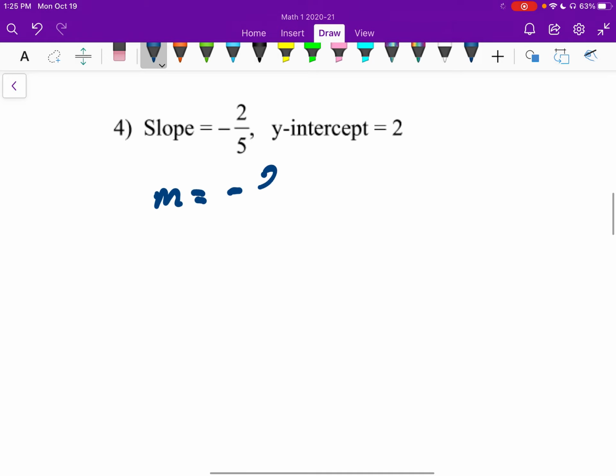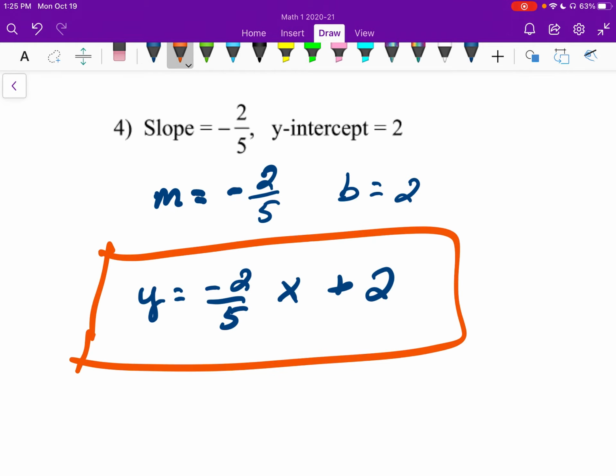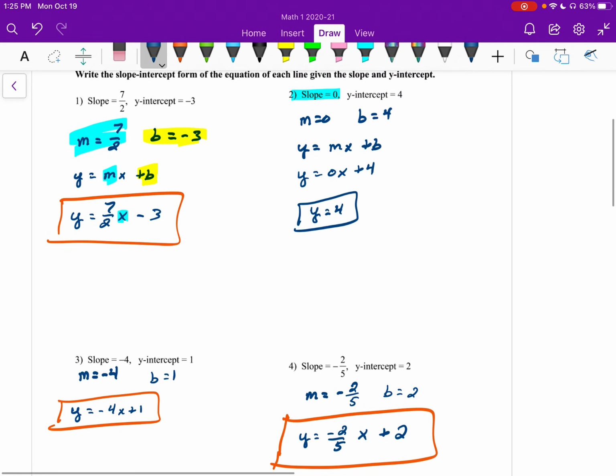M is -2/5, b is 2, y equals -2/5 x plus 2. All right, so that's how we do these up here, right? These up here, it's given to us. Our slope is blah. Our y-intercept is blah, okay? So those should be really easy.